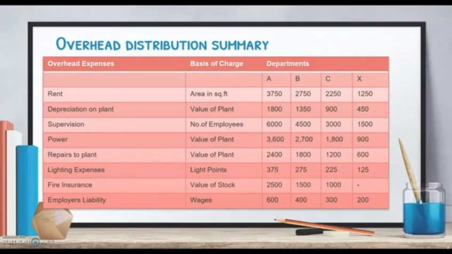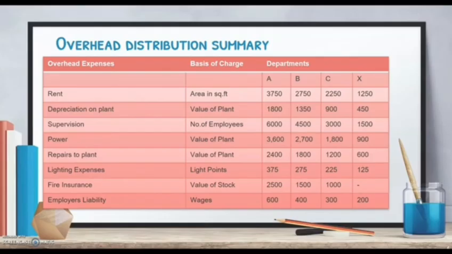The rent is rupees 10,000, and the basis of charge is the area in square feet for departments A, B, C and X. With these two pieces of information, we computed a ratio and allocated the 10,000 as 3,750, 2,750, 2,250 and 1,250. In the same way, we are going to put the calculations for all the overhead expenses.